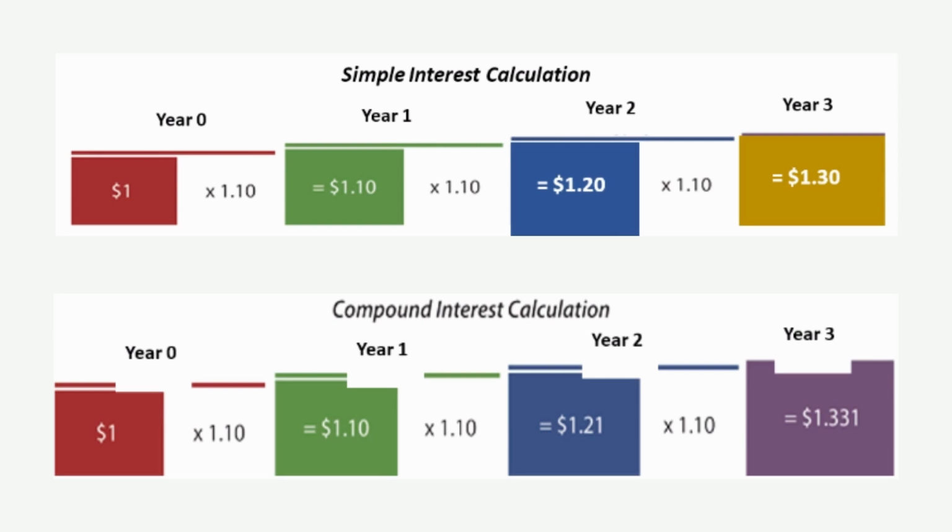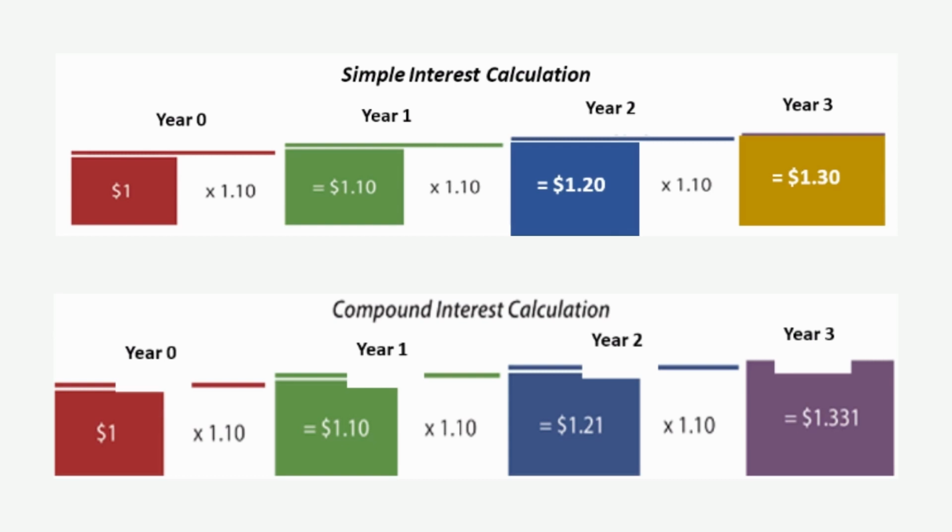To illustrate, we see here that the simple interest calculation is that for $1 today, invested at 10%, will give you $1.10 in the first year. Continuing with the simple interest calculation to the second year, you again refer to the same $1 times 10%, and it will give you another 10 cents in earnings, so it now becomes $1.20.